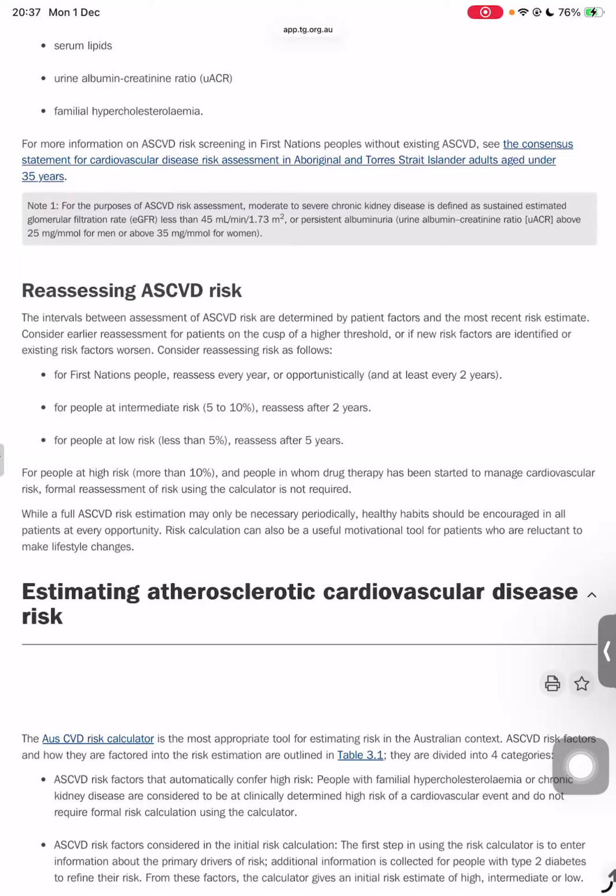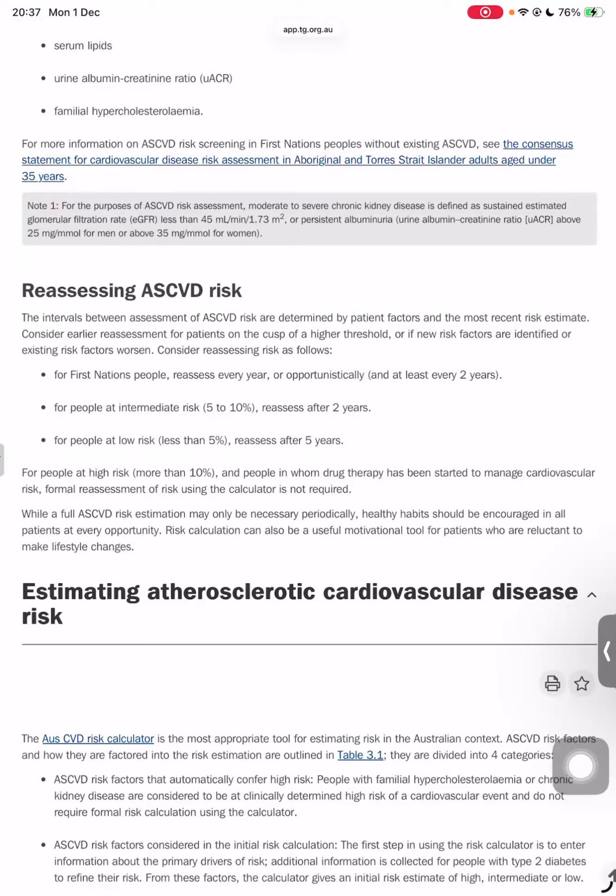For people at high risk, more than 10%, and people in whom drug therapy has been started to manage cardiovascular risk, formal reassessment of risk using a calculator is not required. That means for the high risk patient, we must start drug therapy, the combined therapy like lipid lowering and blood pressure lowering.